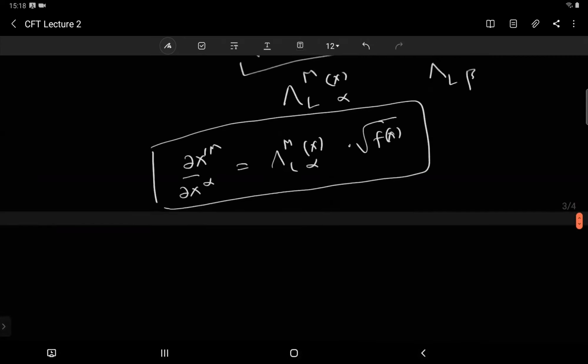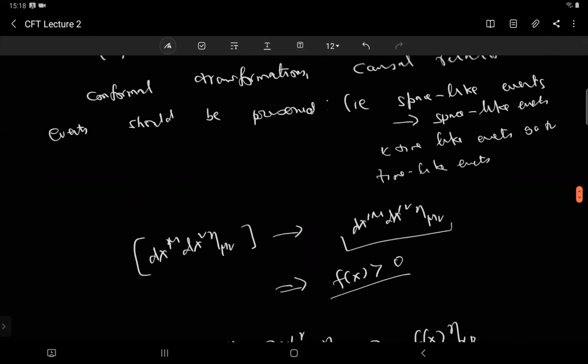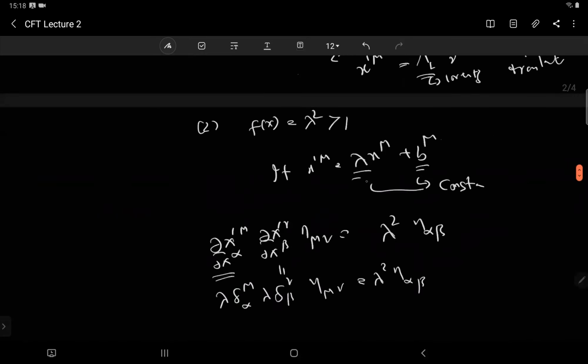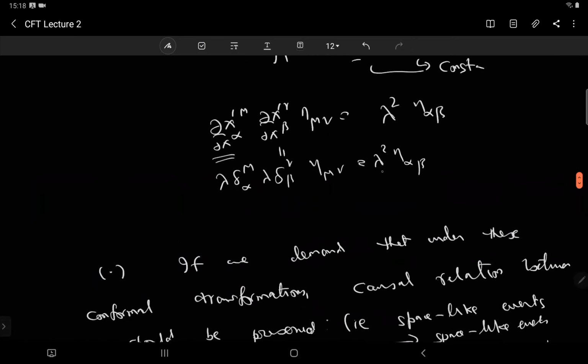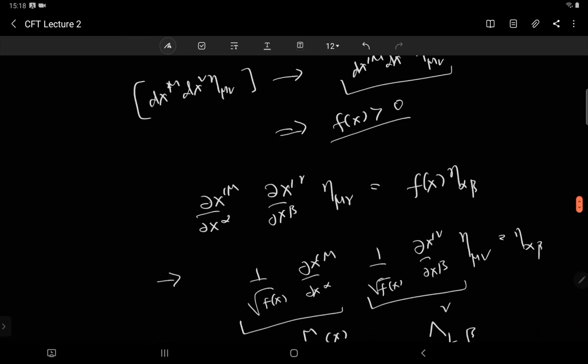So it's a Lorentz transformation times a local scaling. It's called local scaling because here we see this lambda coming. This lambda is the scaling, meaning you have scaled every coordinate by a factor lambda, and then your metric is scaling by lambda square. But here it is f of x in general, which means it's a function. So that's why it's called local scale factor.